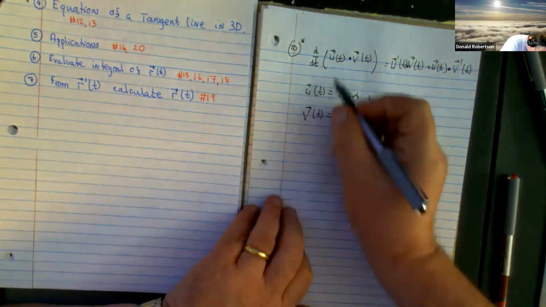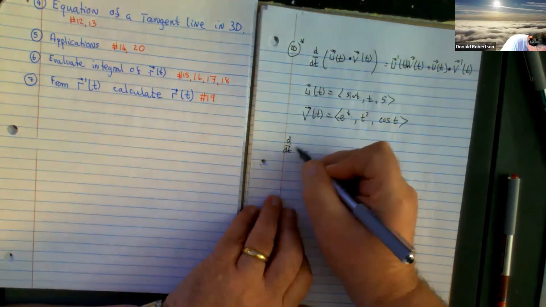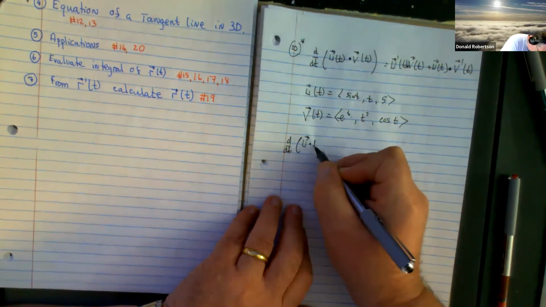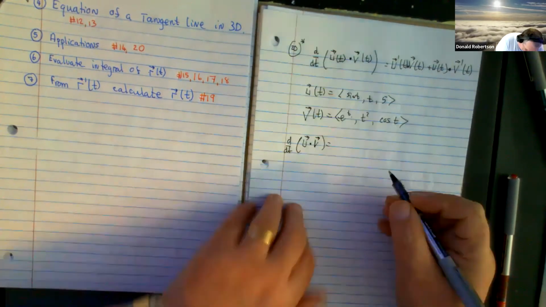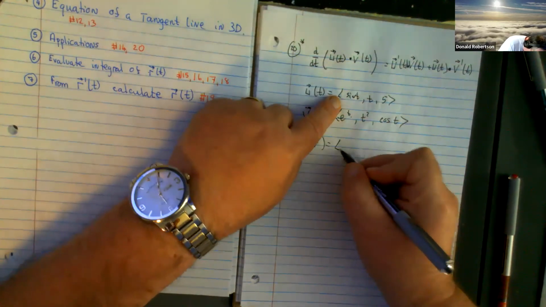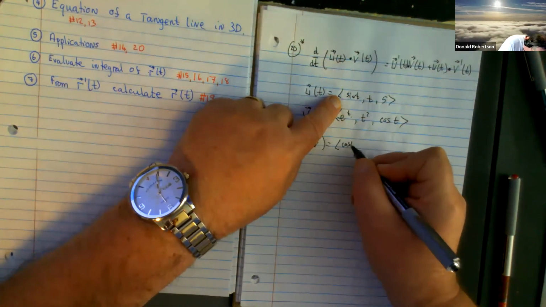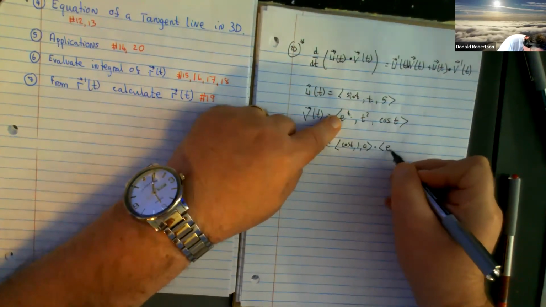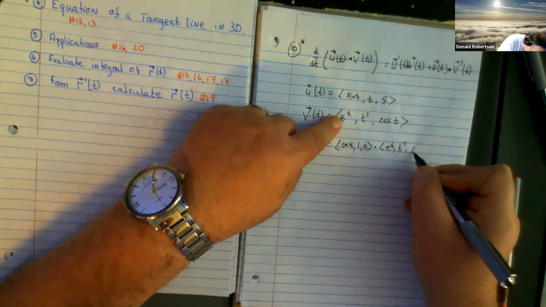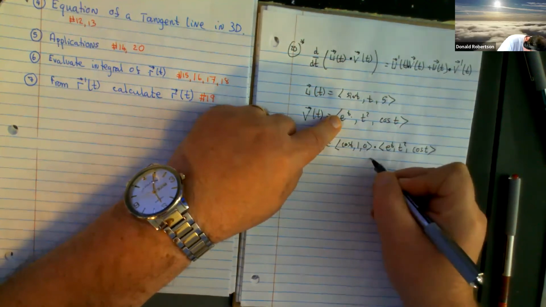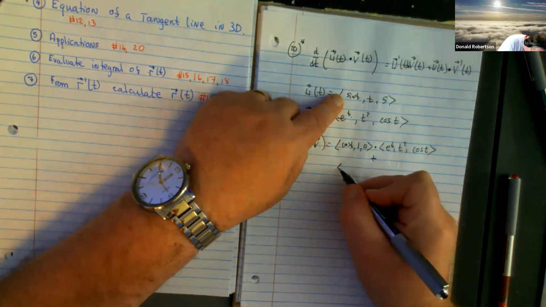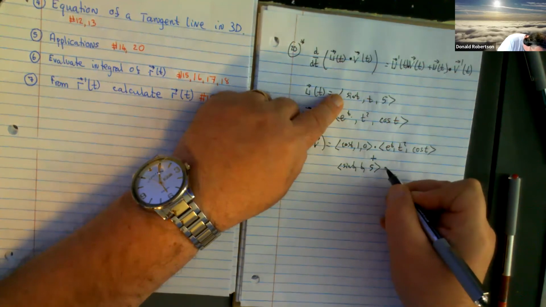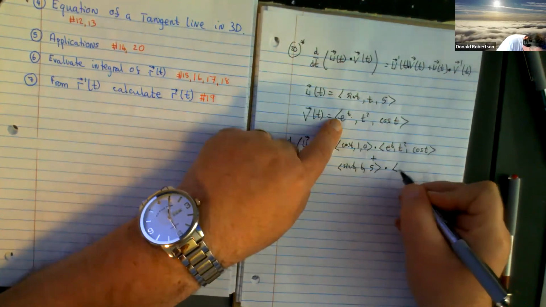Then the derivative of the dot product of those two is going to be u dashed of t. If you differentiate this guy, you get cosine t, 1 and 0, dot product with the untouched version of v, plus the untouched version of u, dot product with the derivative of v.